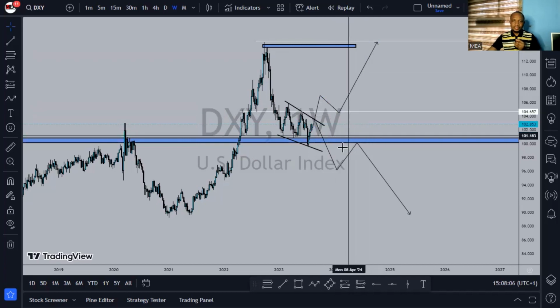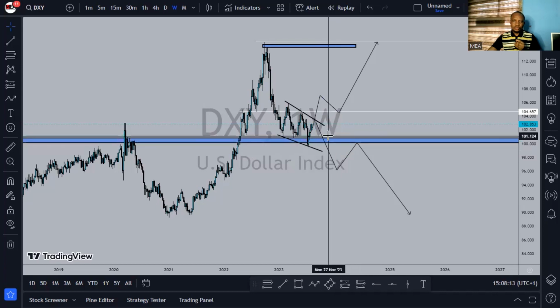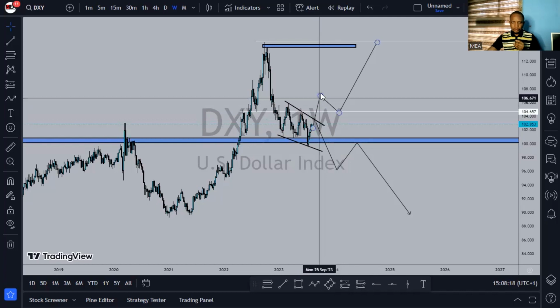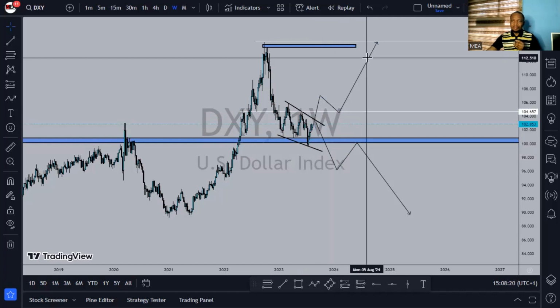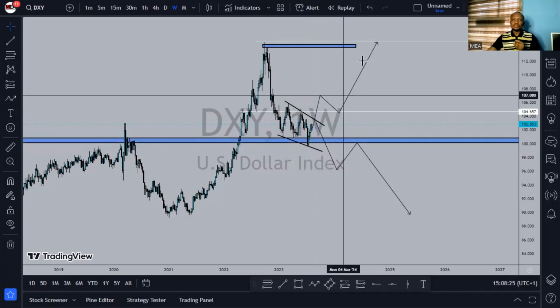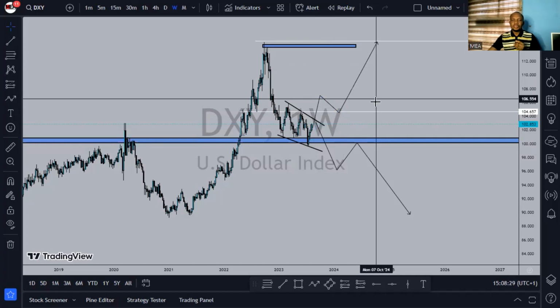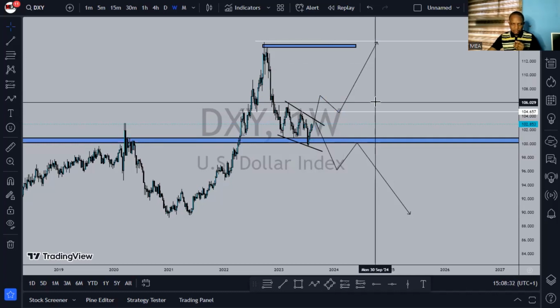Oil price will go up. Sorry, as the dollar gains more strength, the tendency is that the oil price will rise, but sometimes all these commodities are driven by what?